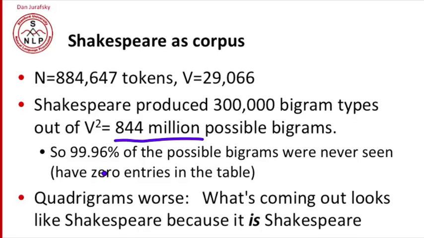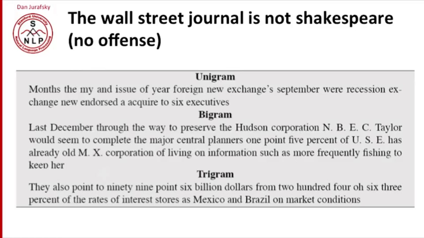That's just bigrams. Quadrigrams are even worse. The reason why those quadrigrams looked like Shakespeare is because those were actual Shakespeare sentences, because following any particular quadrigram, really only one possible word could occur in such a small corpus as Shakespeare. And we can see that if we look at a different corpus like the Wall Street Journal, it's not Shakespeare. For example, here are some trigram sentences from the Wall Street Journal.